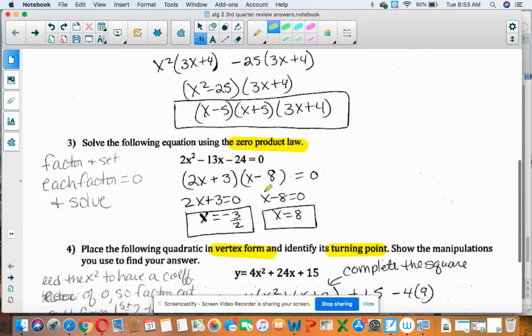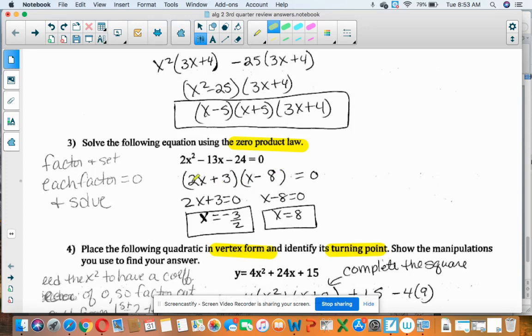We also did factoring when I was solving. So I'm going to factor and set each factor equal to 0 and solve. So I have 2x squared minus 13x minus 24. My factors are 2x and x. And then the factors that multiply to 24, you have a couple of possibilities like 1 and 24, 2 and 12, 4 and 6. This one, 3 and 8 are the factors.